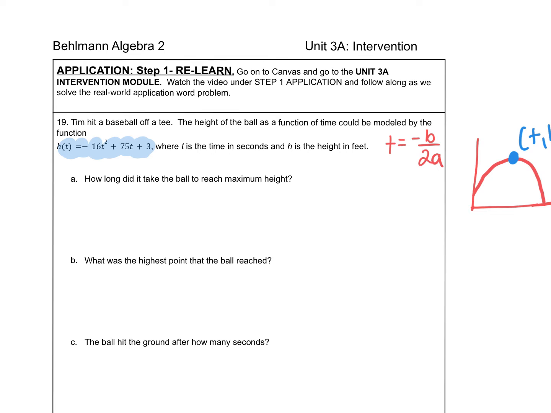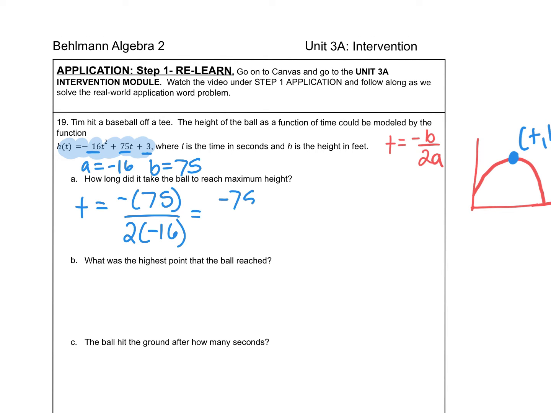What is a and what's b? Well, we know that this is standard form. A is just negative 16, b is 75, c is 3, which I don't even need, so I'm not going to write that. So t equals negative b over 2a, so negative 75 over 2 times negative 16. That's just negative 75 over negative 32.